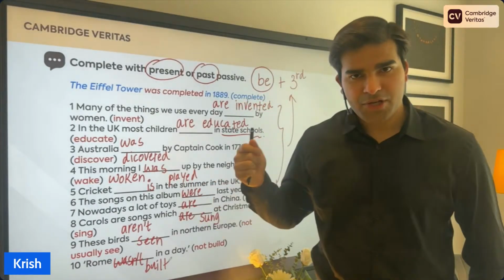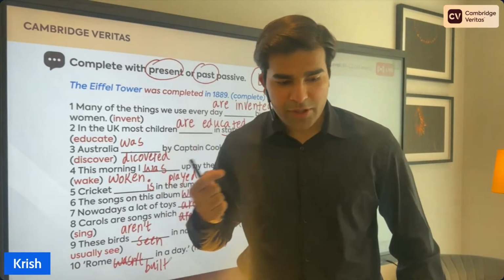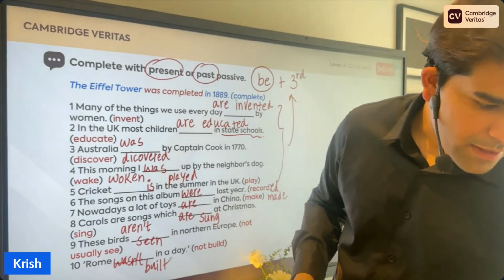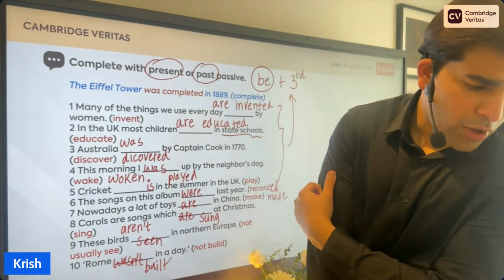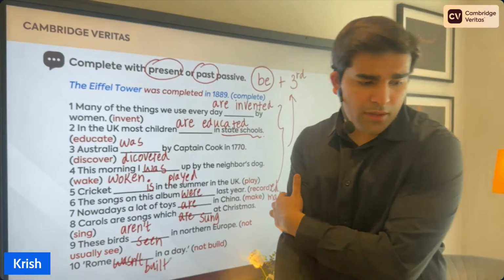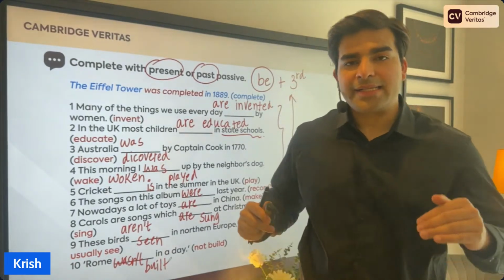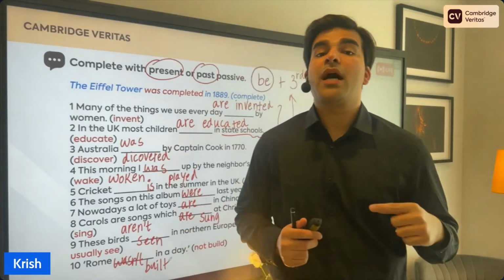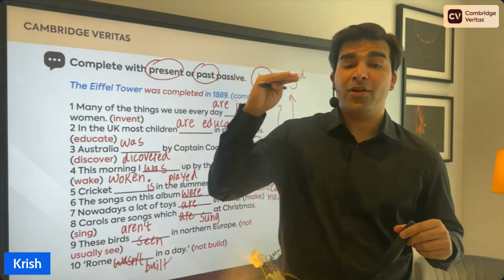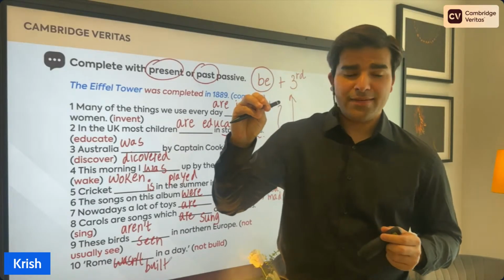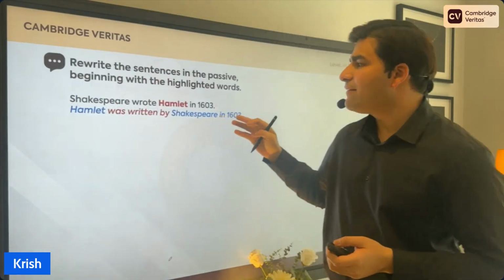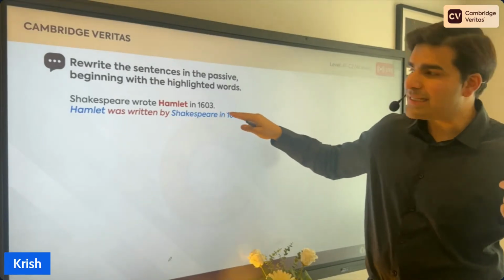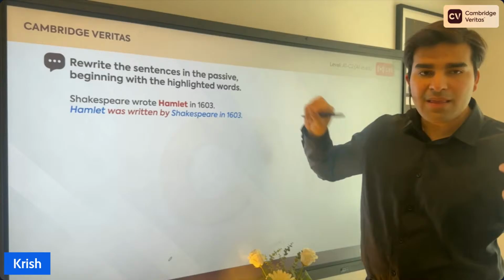Cool. Lovely. Let's move on. One more practice, shall we? This game, the activity that we're now going to see, is one level up. We have to rewrite the sentences in the passive.